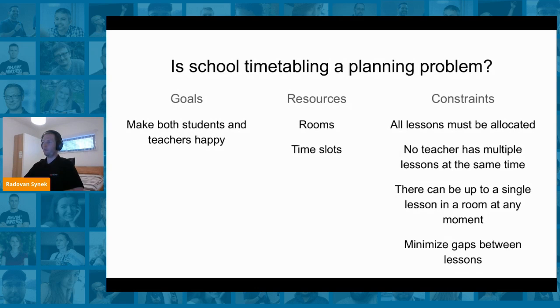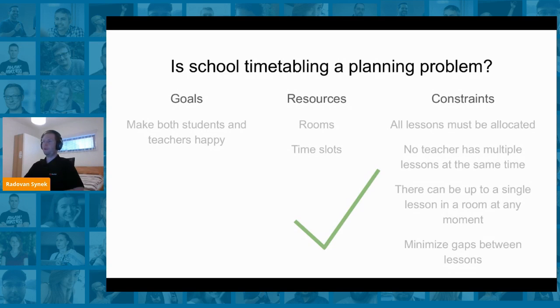Like at any moment, there can't be two lessons taught by the same teacher. And the same applies to the rooms, as there can't be two lessons taking place in the same room at the same time slot. And also we want to, as I already said, minimize the gaps between lessons.